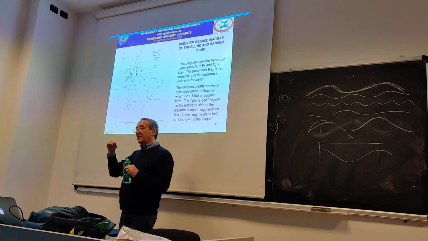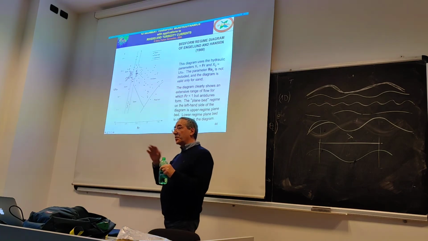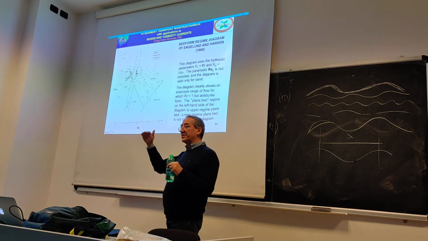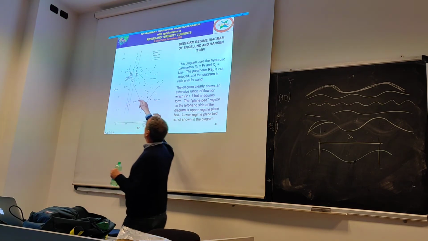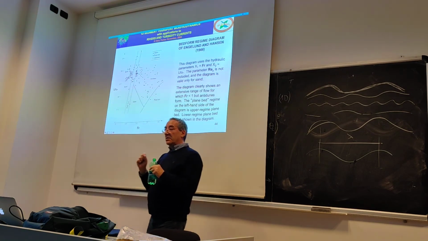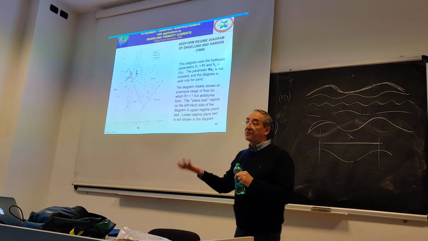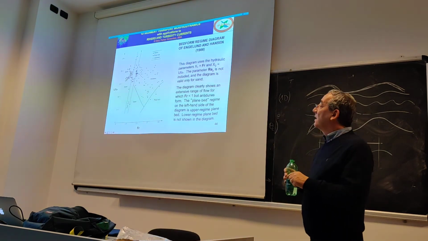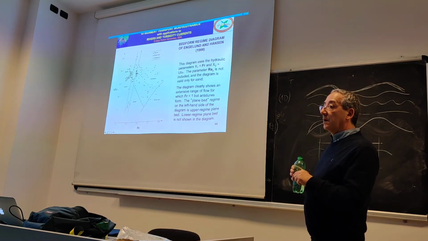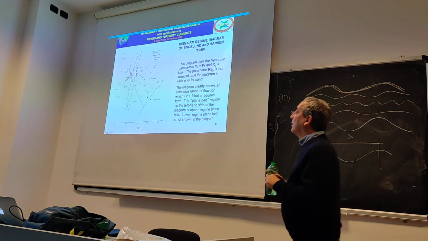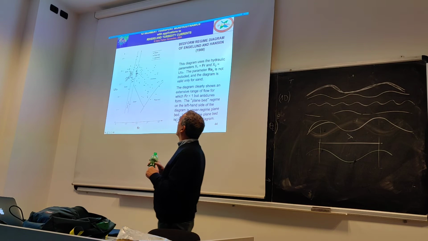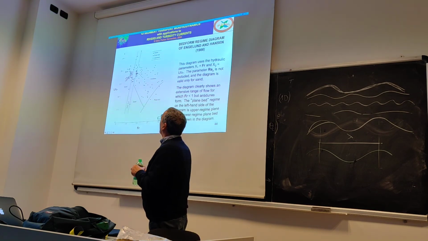You can think of an ideal experiment in which you keep the flow depth constant. Then if you move down, you are going toward coarser materials, so you have gravel. But it really depends on the ratio of the two. If the whole thing here is for sand, it's only the flow depth that's varying on the y-axis, like the opposite of what you just said, if you keep the substrate size constant.